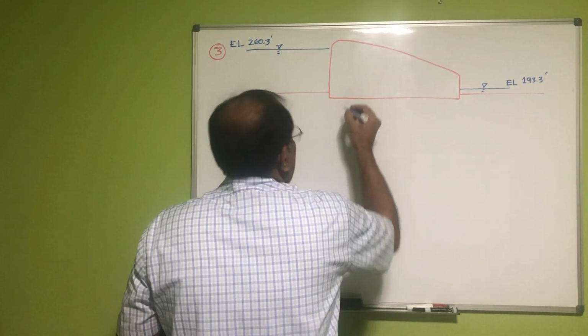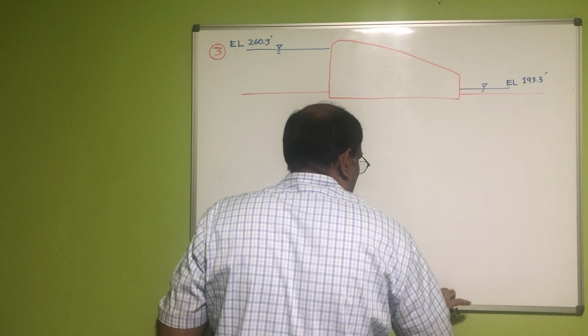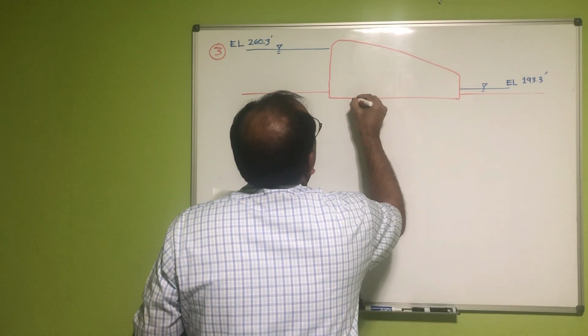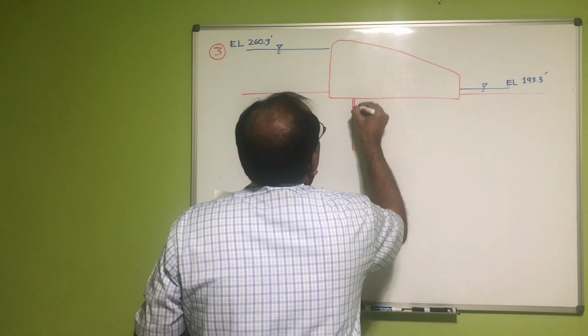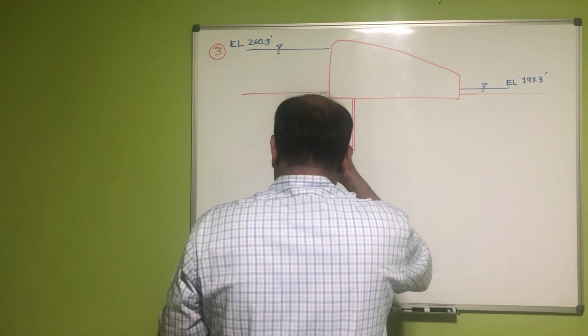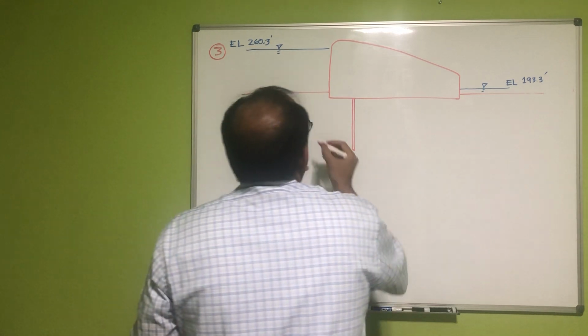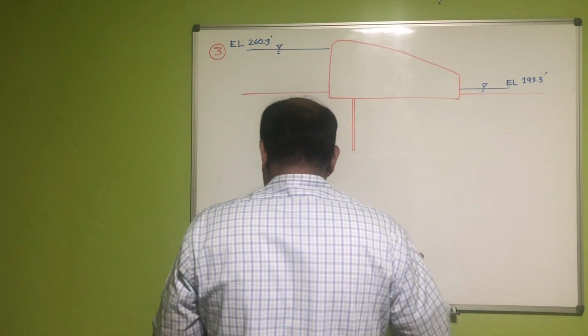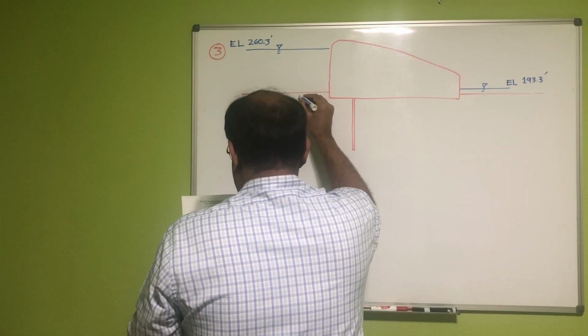There is a sheet pile here. So water is going to flow like this. So this is your flow, and it looks like this.